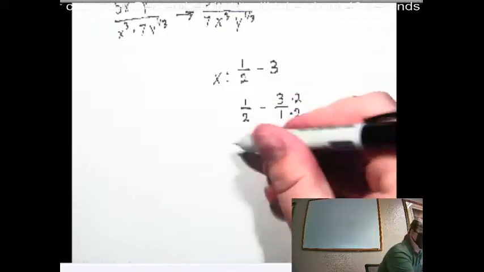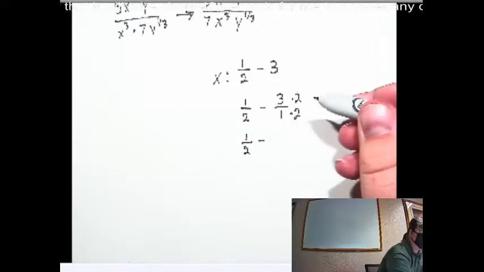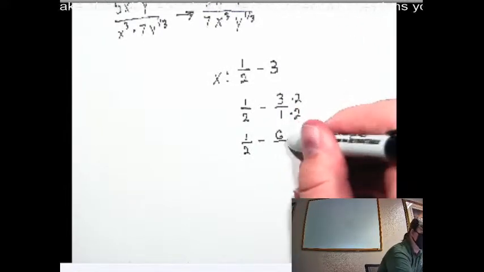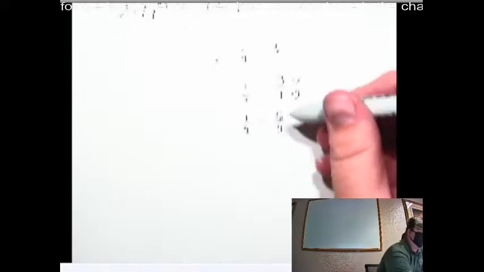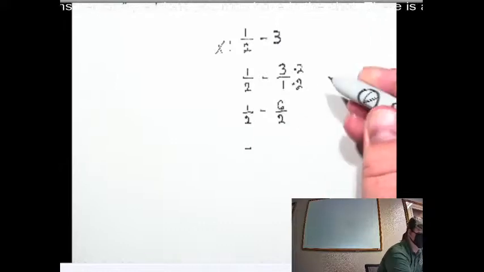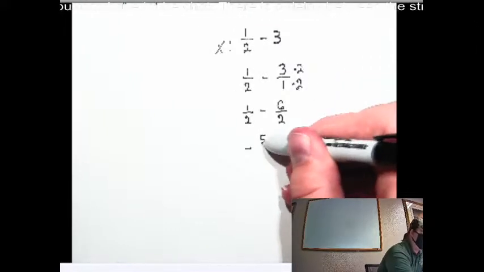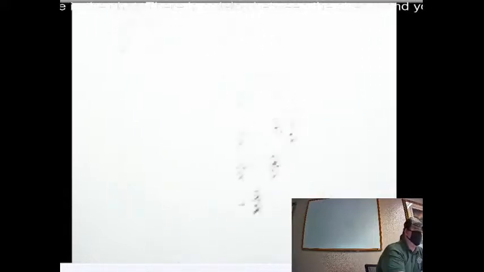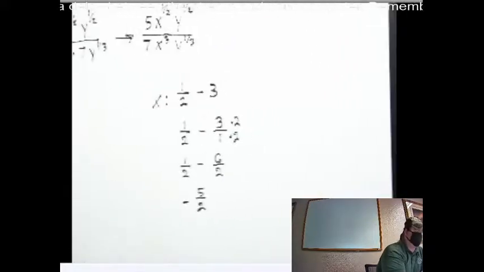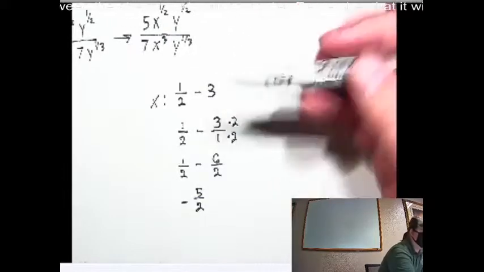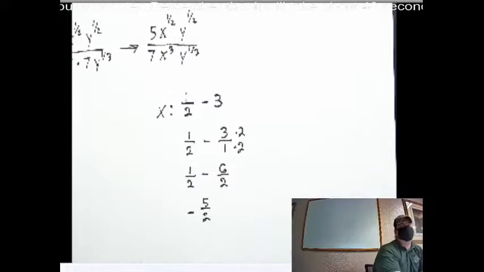Okay, so now I have 1/2 minus 6/2, and that's going to give me negative 5 over 2. So that's the x part. Now, because it's negative, what does that mean about my x?